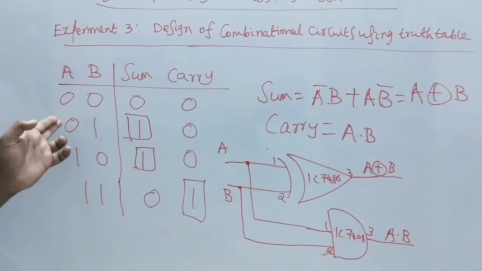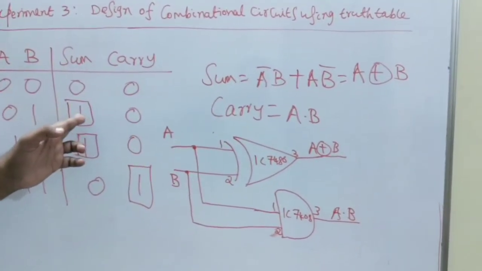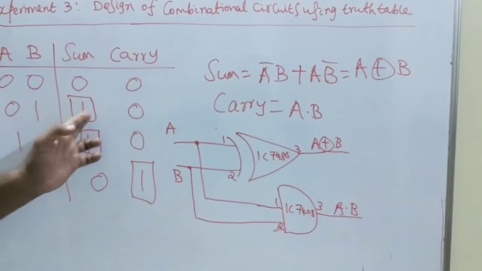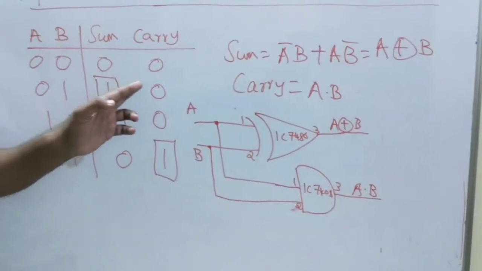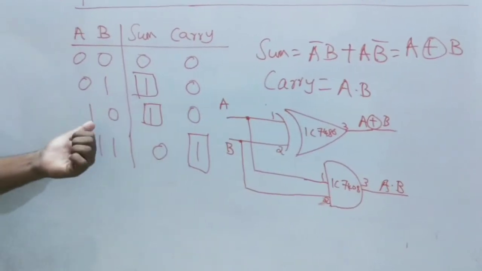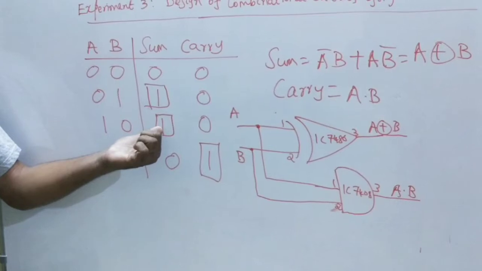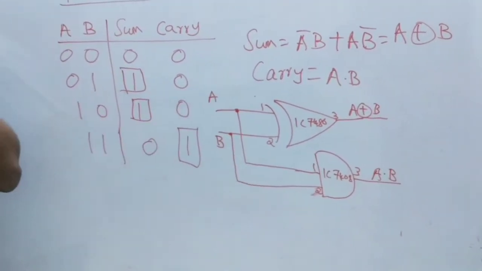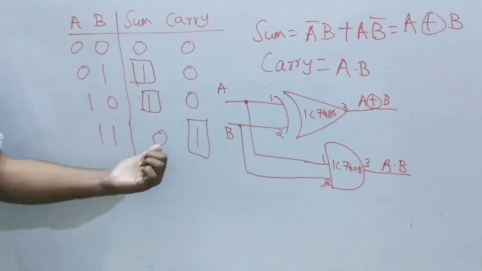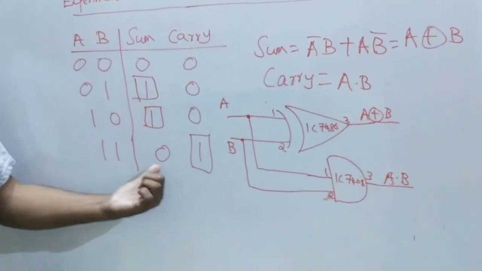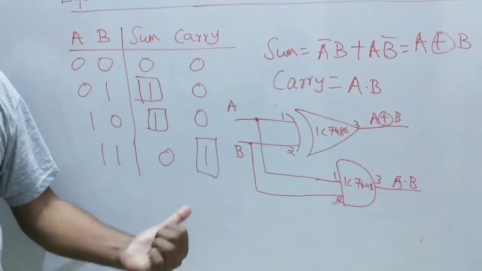When I give A as 0 and B as 1, the sum LED will glow and the carry LED will not glow. For the input 1, 0, once again the sum LED will glow and the carry LED won't glow. For 1, 1, the sum LED will be off and the carry LED will glow. So this is the idea.